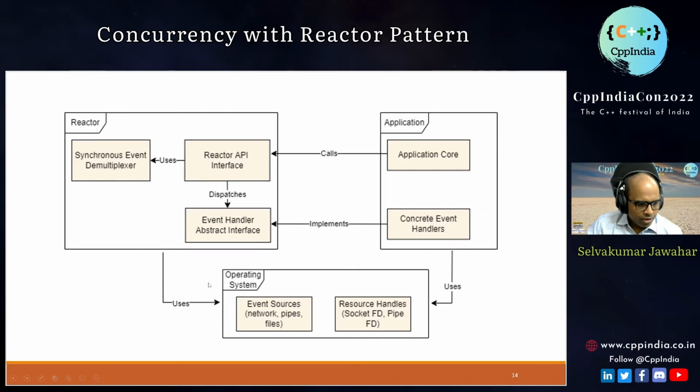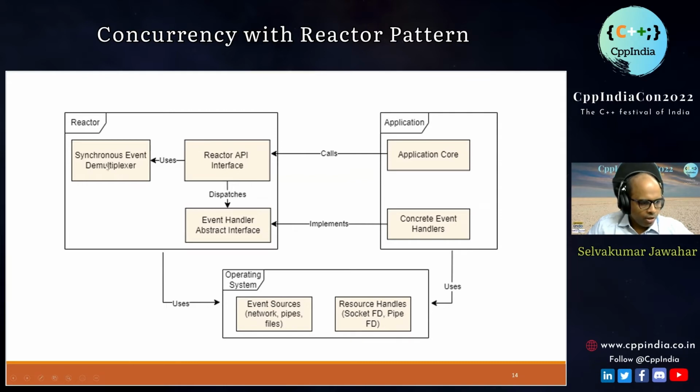So how does the operating system come into play here? This event demultiplexer will listen on an event source. This event source is provided by the operating system. You can have different event sources like network, pipes, files, which all produce events, and the operating system also provides you file handles, resource handles which identify each event source.